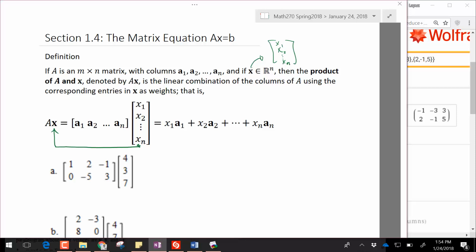Then we could take the product of a matrix and a vector. The working definition works out the matrix times a vector, and then it just boils down to this.